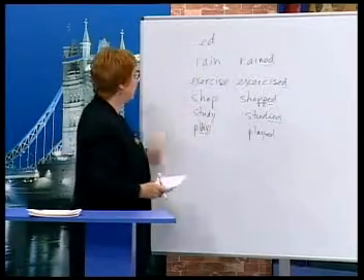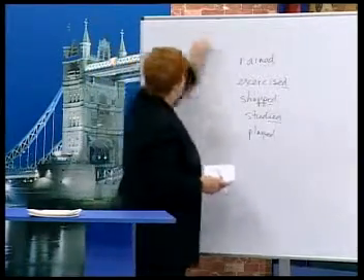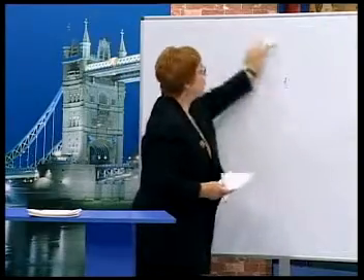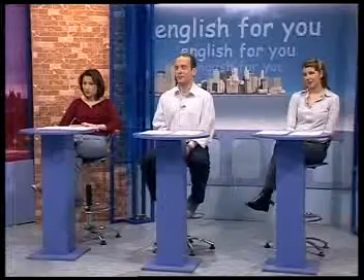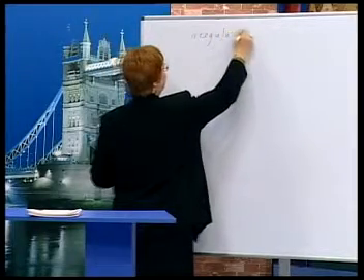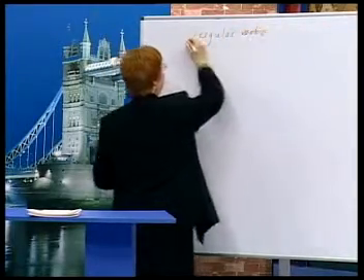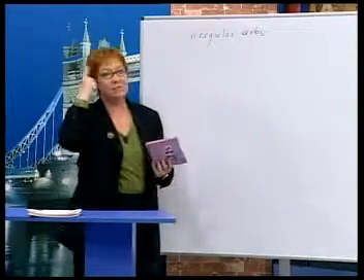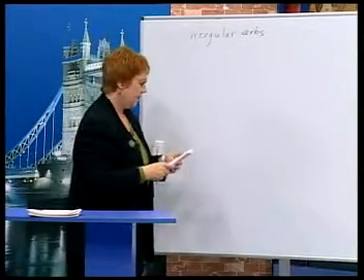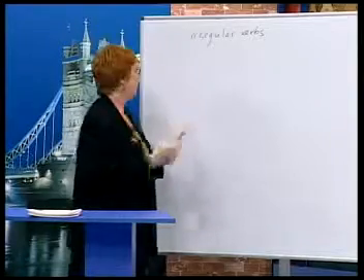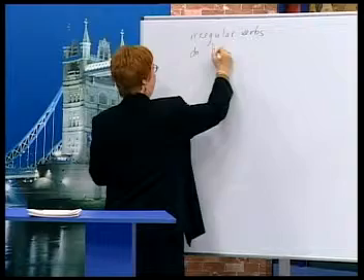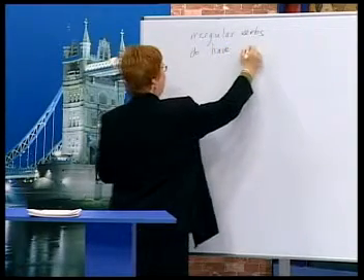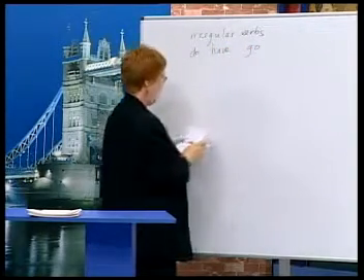Okay. Now, some verbs do not have the ED form. These are called irregular verbs. Irregular are special verbs. So we're going to look at some irregular verbs. And you have to remember these, okay? Now, we've seen some. We saw do, we saw have, and we saw go. Okay?